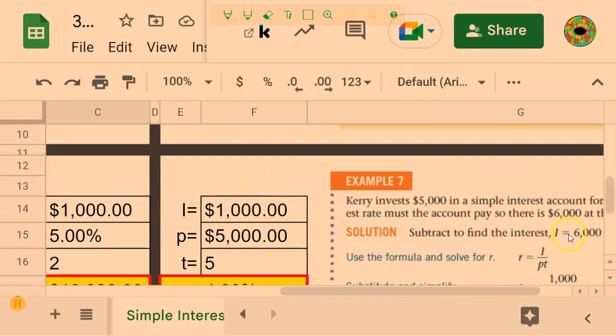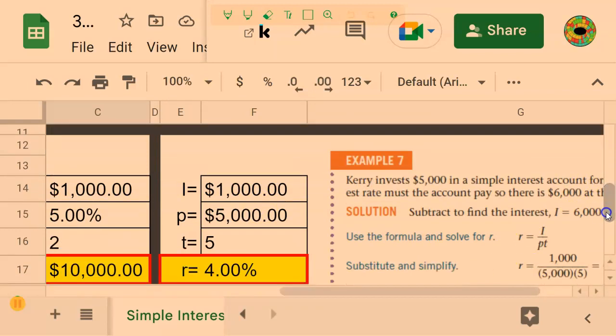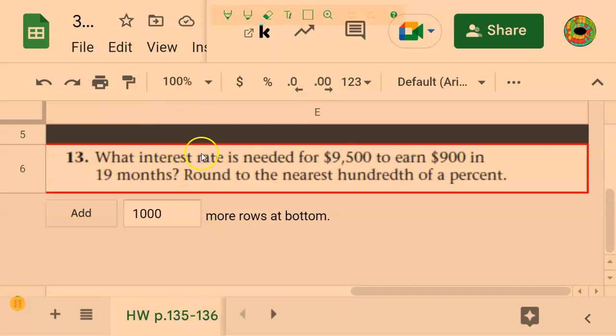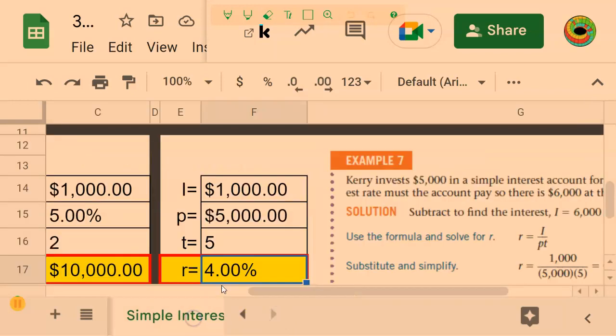Yeah, what interest rate? So that's what that question is. Starting off with $9,000, need $400,000 in 18 years. What is that rate that will make that happen? So there's all sorts of different financial questions, so you have to use the formula in different ways. And the last one here is, again, what interest rate? So that's a little more straightforward. You know it's going to be this one again because the answer is interest rate.